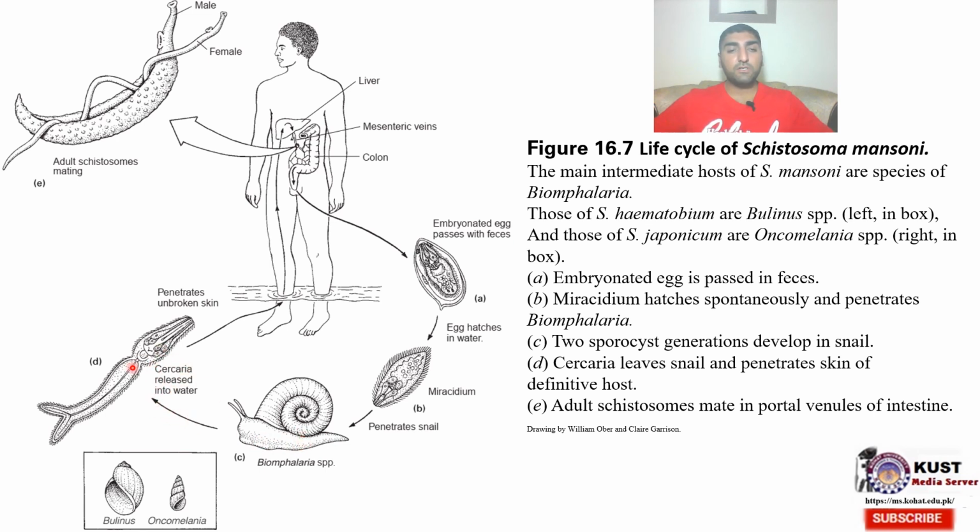Now when the stage is complete, because of this fork tail, this is also known as the furcocercous larva. When this cercaria larva is complete, it comes out from the Biomphalaria snail and is released into the water, where it finds its way.